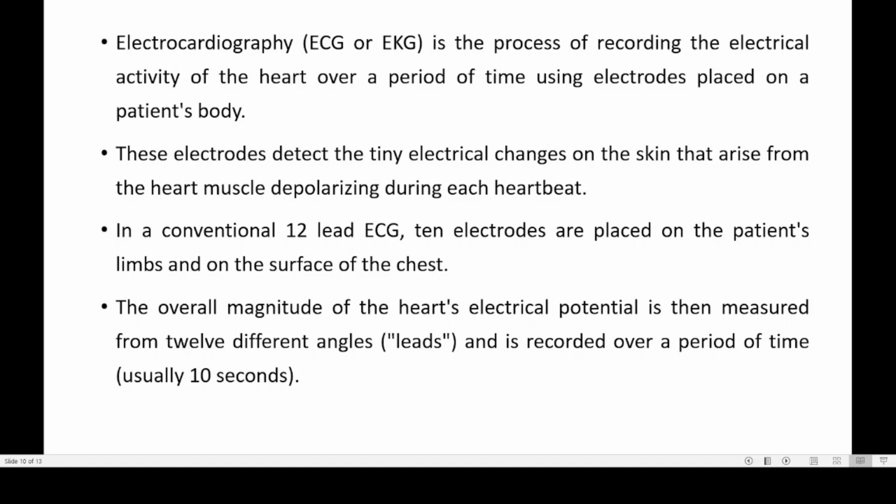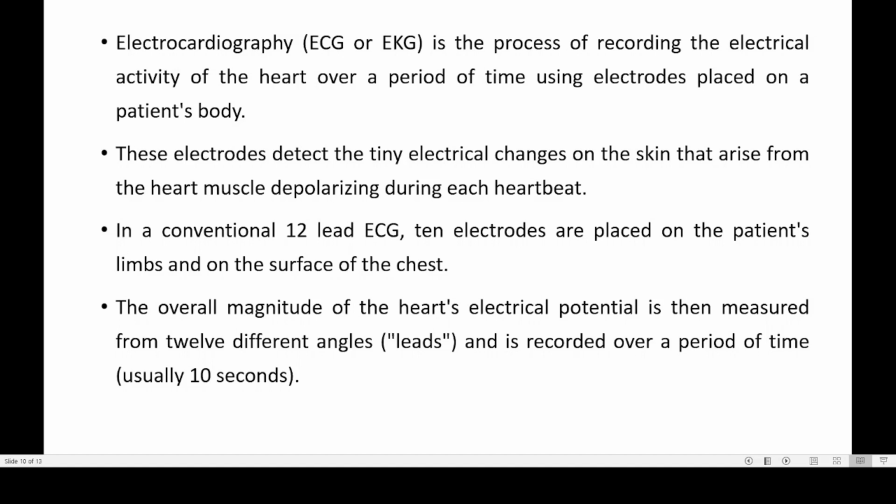These electrodes, placed on your chest and different parts of your body, will be picking up the very tiny electrical activity released from the heart muscle during depolarization, mainly during the contraction of the heart.